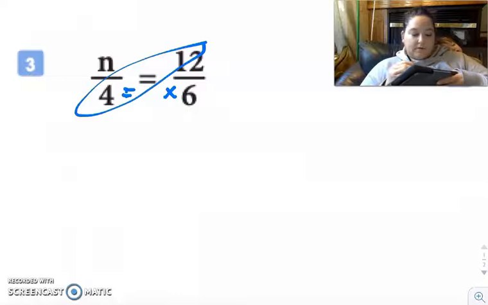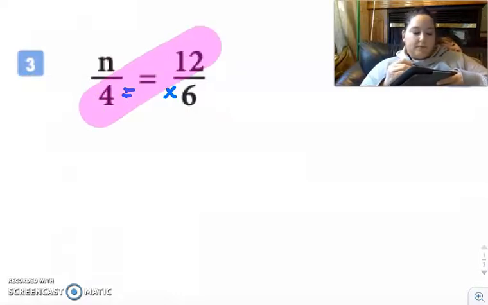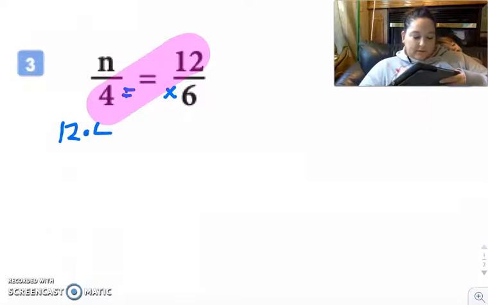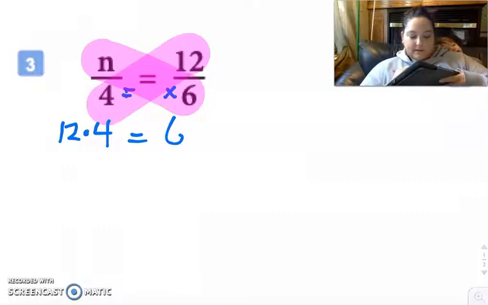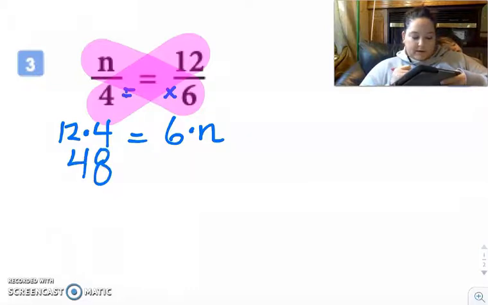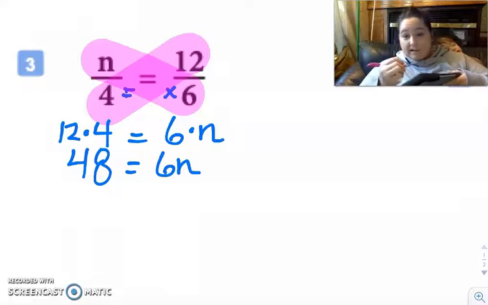So 12 times 4, let me highlight that so it's a little easier to see. 12 times 4, so this side is 12 times 4, and this side is n times 6, or 6n. 12 times 4 is 48. So 6 times n is equal to 48.